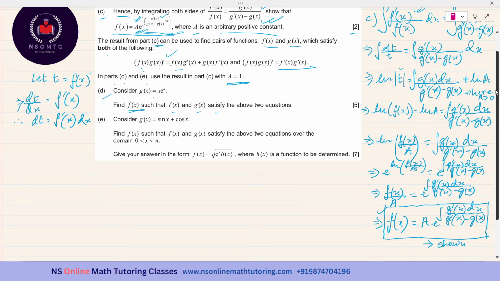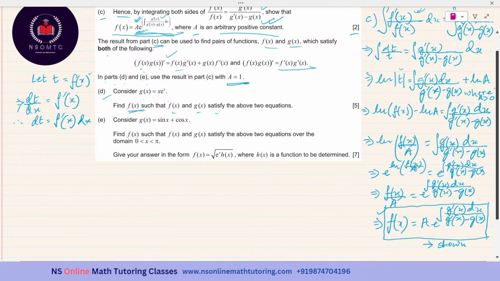So we have to use the result in part C. Let me write it over here. So this is D. f of x is equal to, I'm not writing the e because e is 1, or I can write 1 times e to the power of the integral of g dash x.